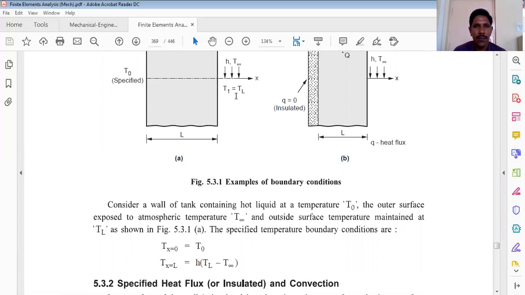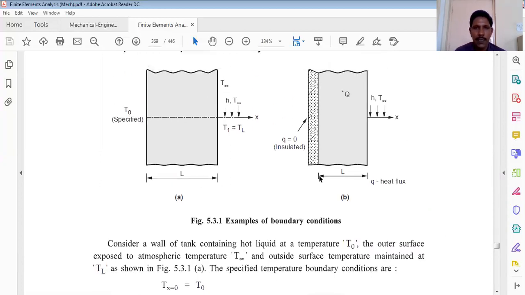And at a distance of length L, it can be expressed as TL, which is equal to h into TL minus T infinity, where h is the convective heat transfer coefficient. So this is expressed with the convective heat transfer coefficient. At x equal to L, it can be expressed as h into TL minus T infinity.